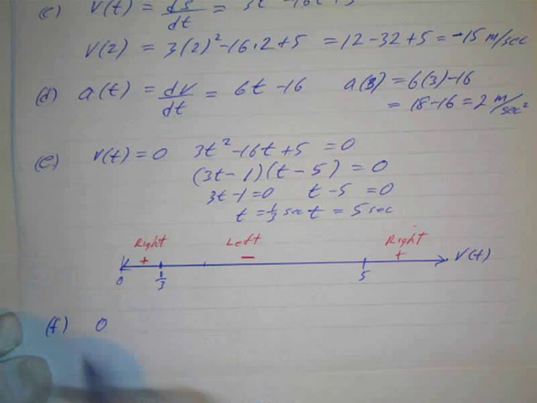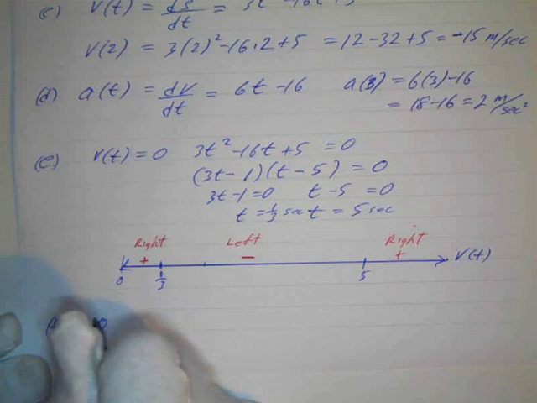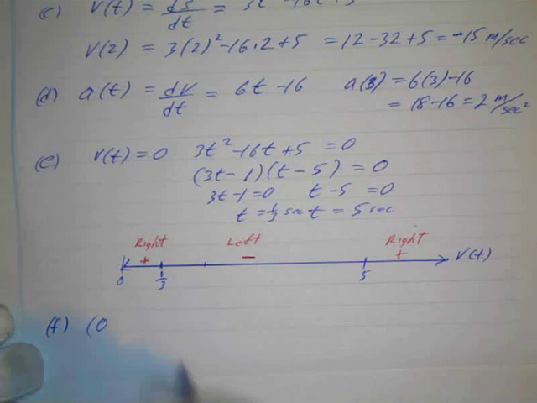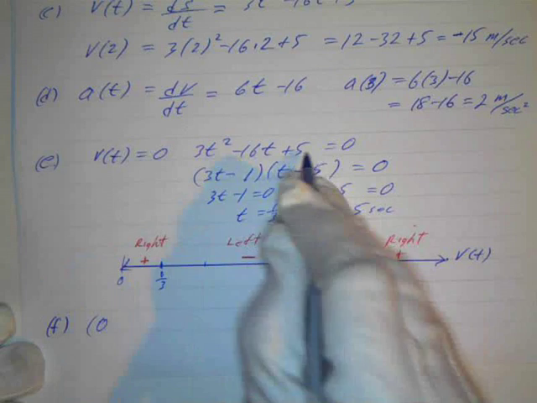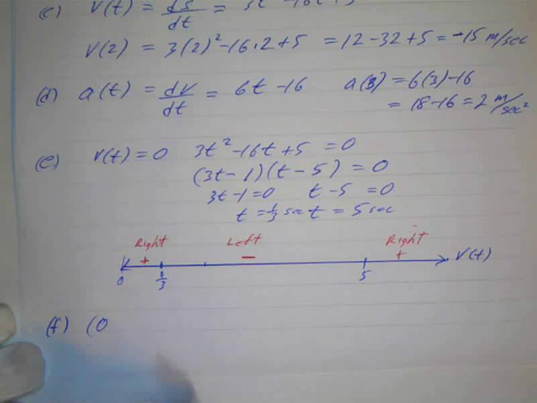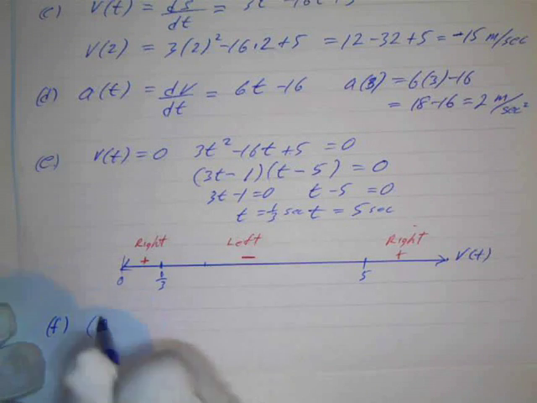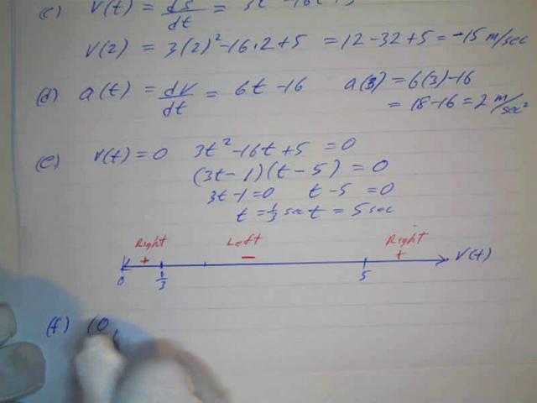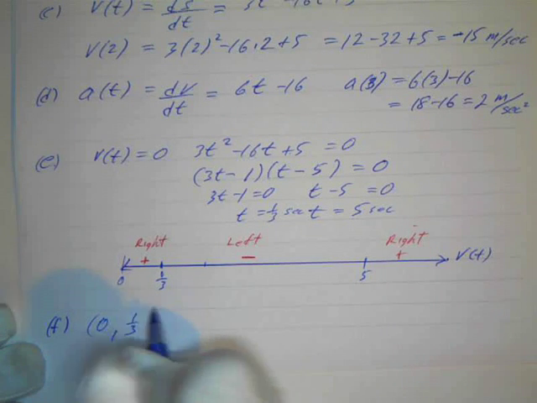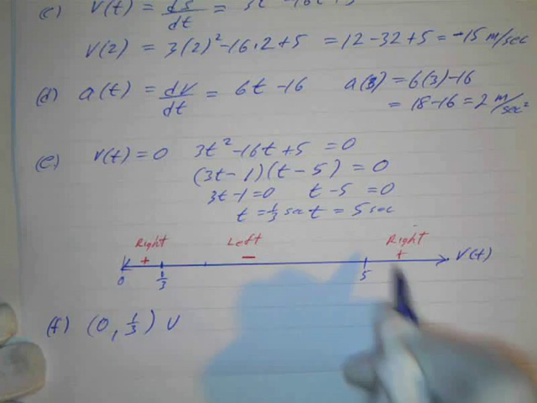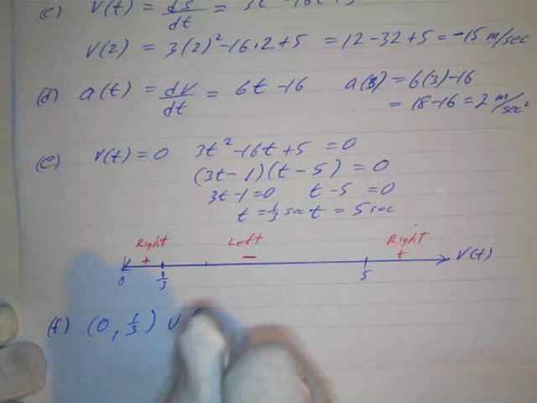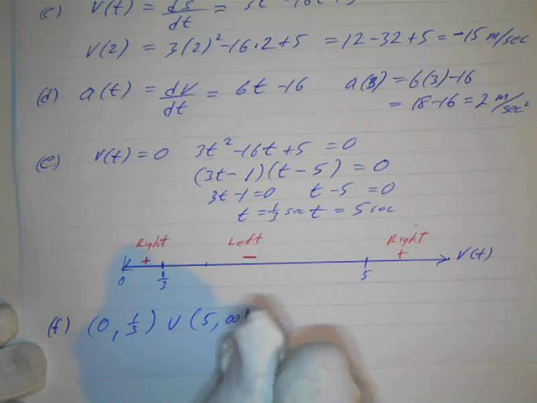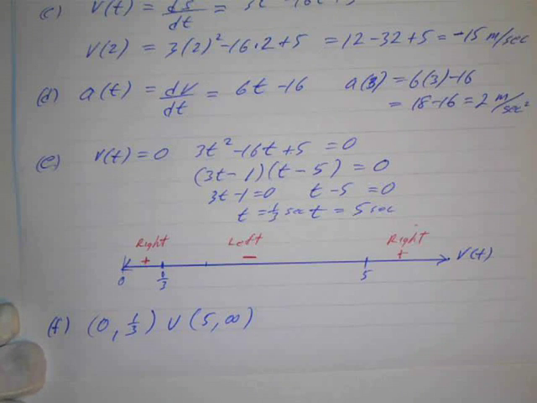So you could put a parenthesis here because we haven't started our clock yet. But you could put a bracket if you want to think about that. It's kind of debatable there. So it's going to go from 0 to 1/3, and then it's also moving right from 5 on out to infinity. And when is it moving left?